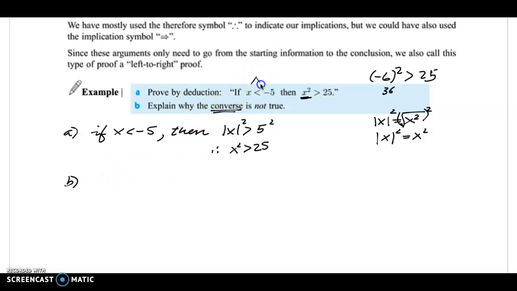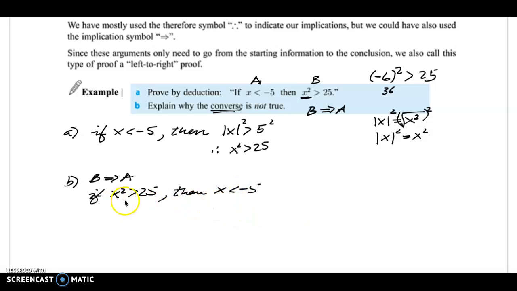The converse is, here's my A, here's my B. Switch them. So then that's going to be B implies A. So we're going to say B implies A, which means if x squared is greater than 25, then x is less than minus 5.